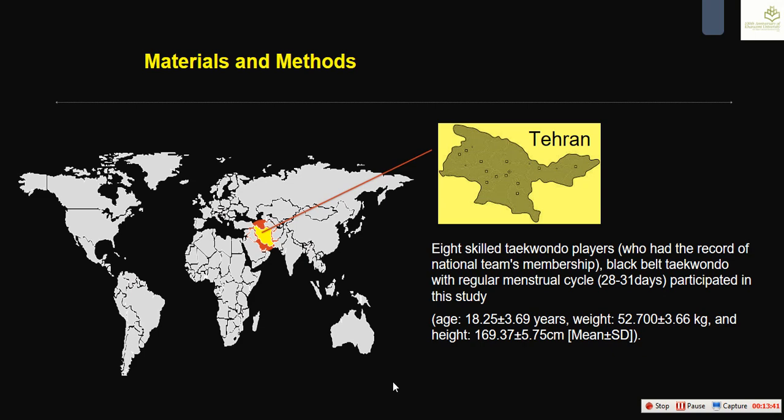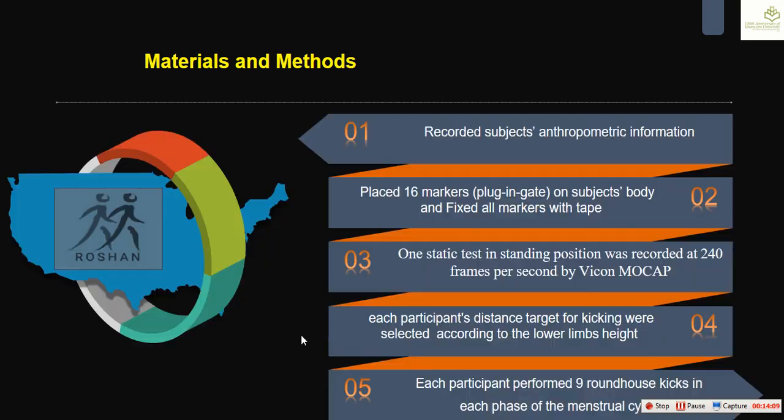They were about 28 to 30, so they were in 18 to 20. They had normal menstrual cycles, and their demographic data is here.